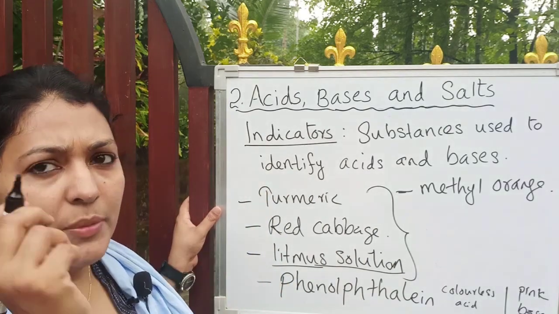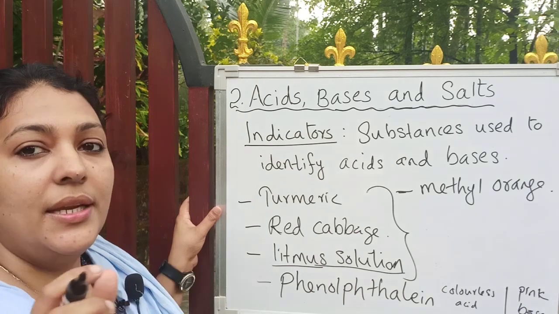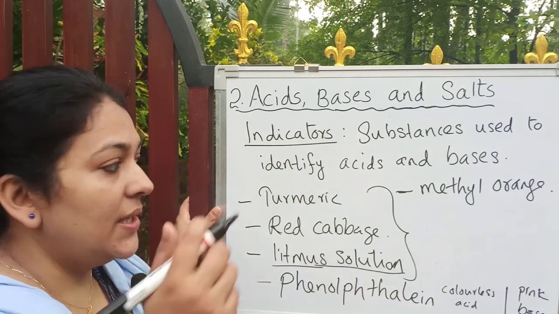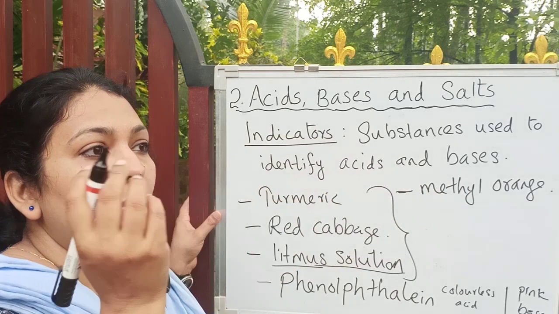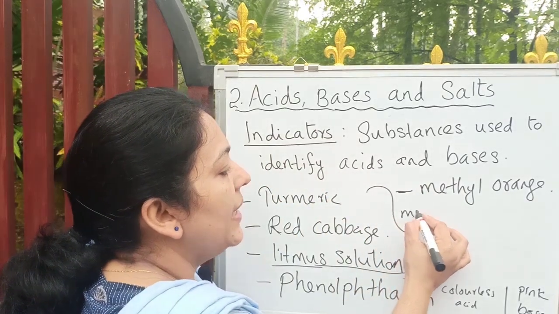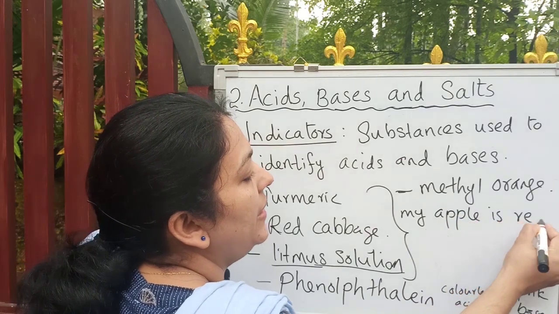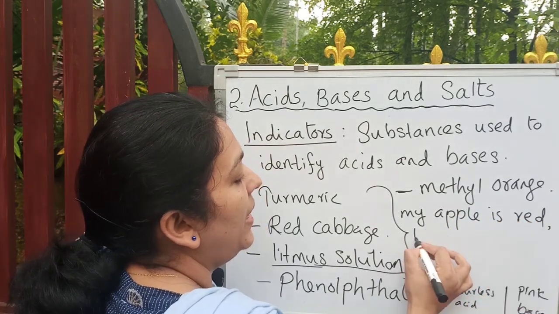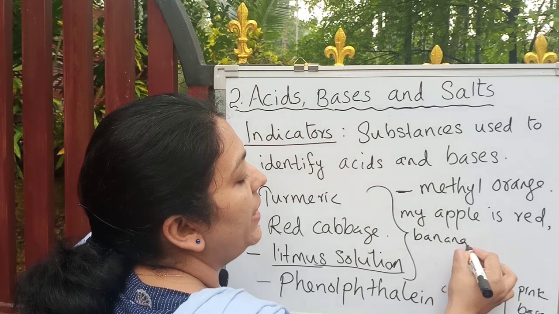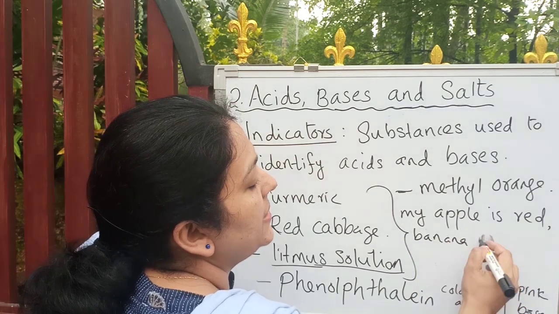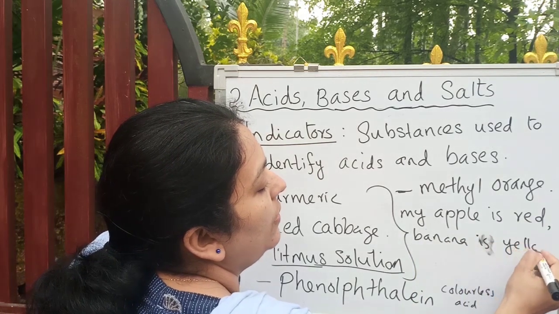To remember the color in acid and in base, I'll tell you a trick. Just remember this one: my apple is red. Banana, what is the color of banana? Banana is yellow.